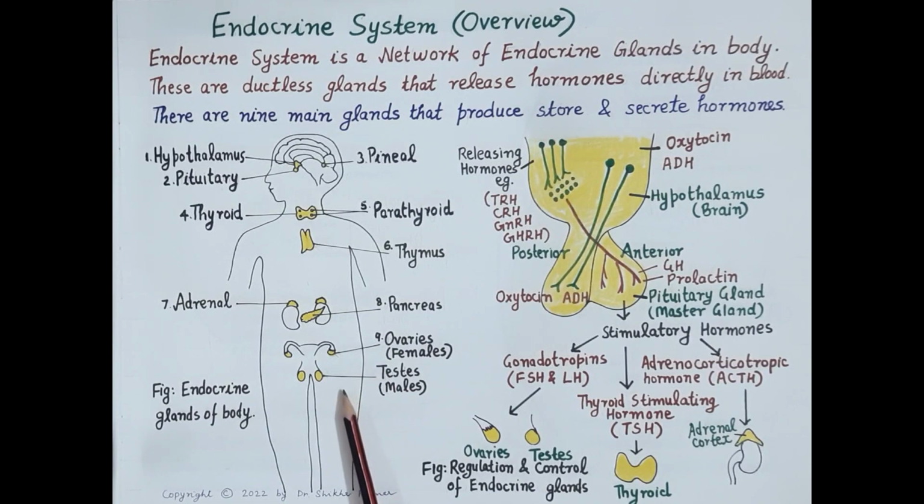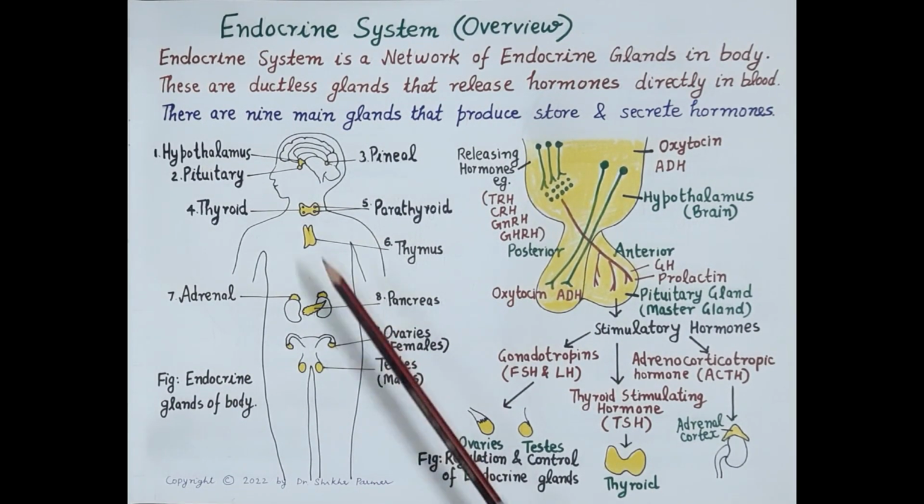Ovaries and testes are located in the pelvic region. Ovaries produce female reproductive hormones, namely estrogen and progesterone, while testes produce the male reproductive hormone, namely testosterone. So this is in brief the location and hormones produced by the endocrine glands of the body.